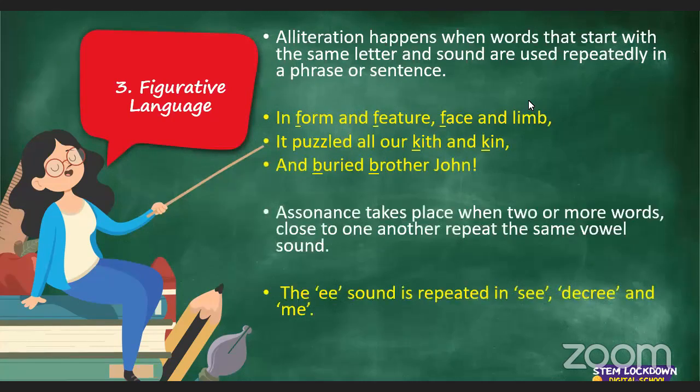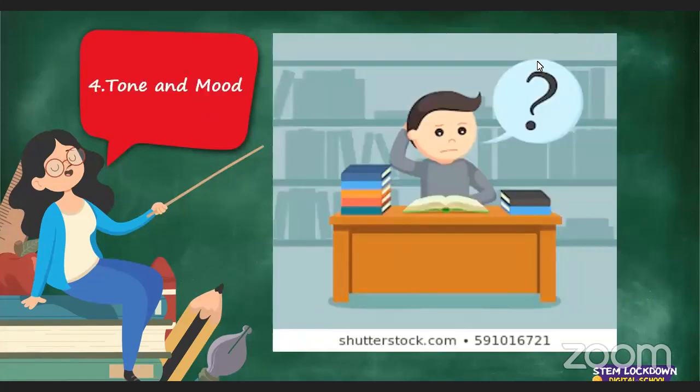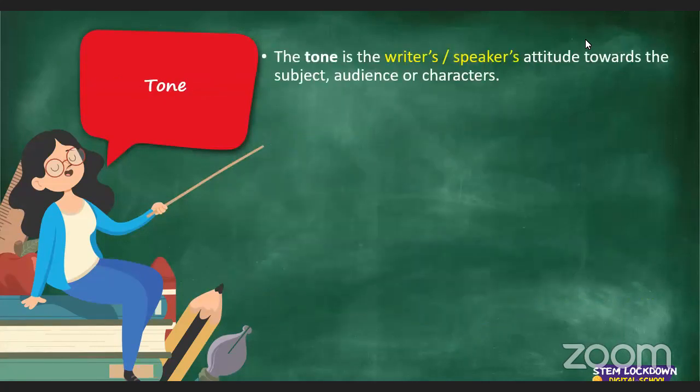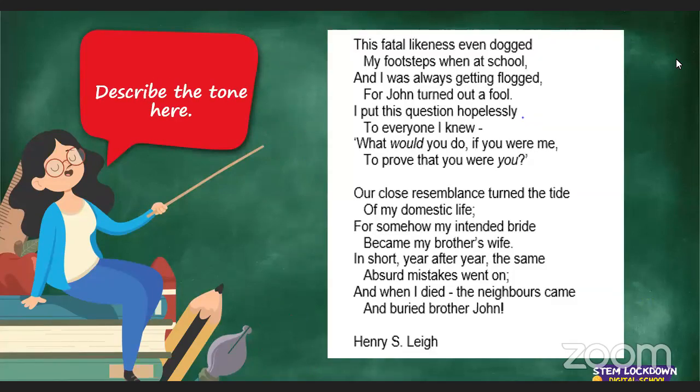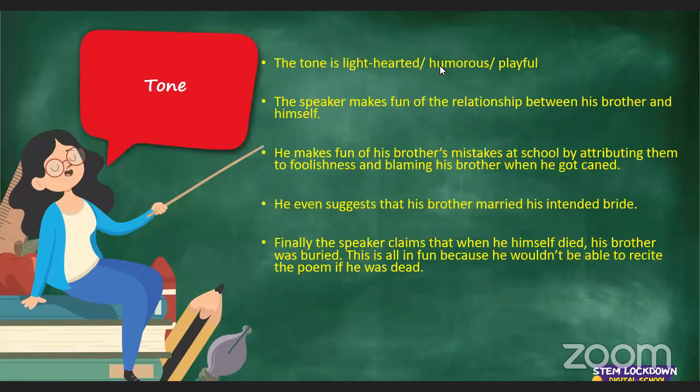Okay, so we had already spoken about these. We were still talking about the tone, okay? So the tone for the previous stanzas that I showed you guys would be lighthearted, humorous, or playful, okay? Because the speaker makes fun of the relationship between his brother and himself.